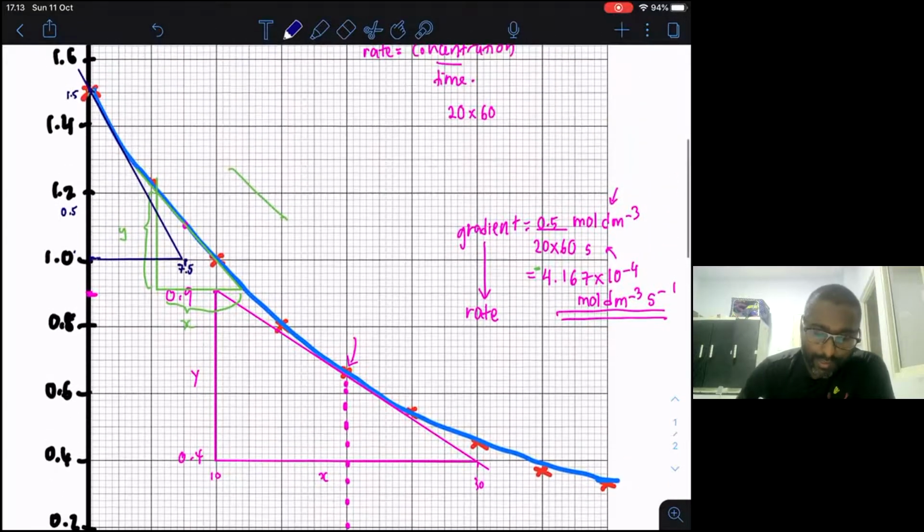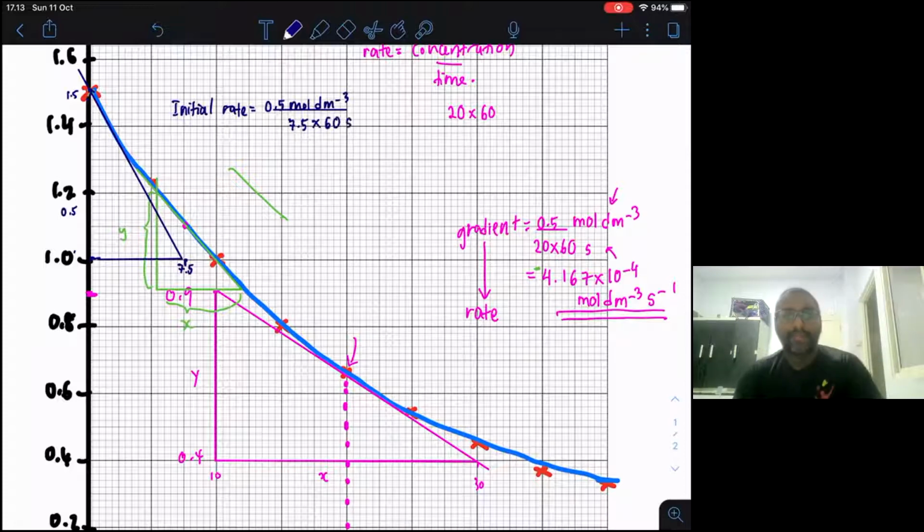So you can calculate, in this case, if I want to find the initial rate, my initial rate is going to be 1.5 minus 1, so it's 0.5 mole per dm cube divided by 7.5 minus 0, yeah, 7.5, but I want to change it to seconds, so times 60.